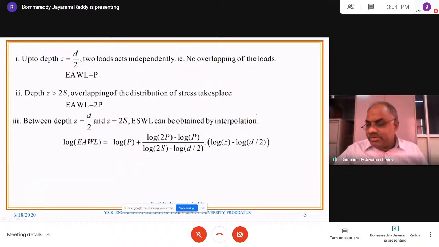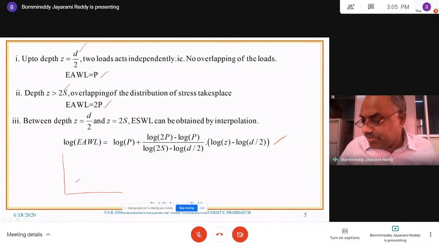Already discussed earlier, let us have a look. Up to the depth of Z equal to d/2, ESWL is P, because both are acting independently. Beyond 2s, the equivalent wheel load will be 2P. Between d/2 and 2s, we have to compute it by means of the log.